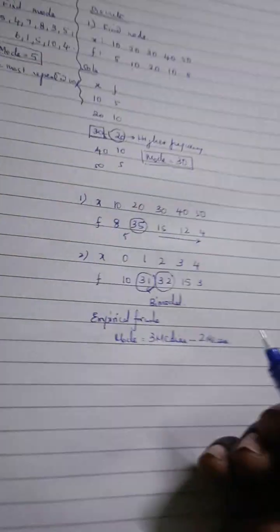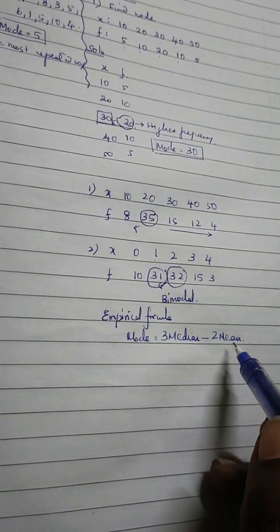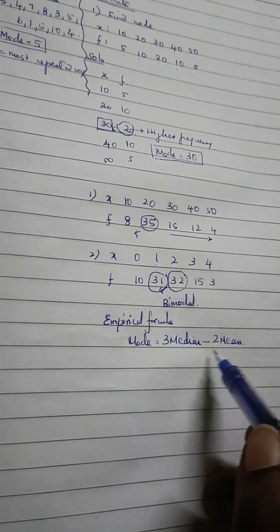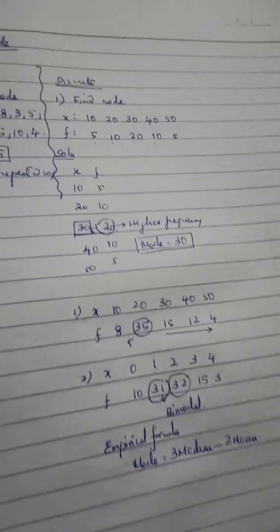This is the empirical formula: 3 into median minus 2 into mean equals mode. So this formula you can use and find the mode. So this is the discrete method.